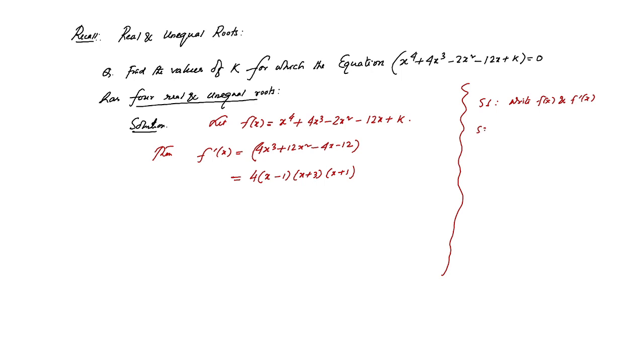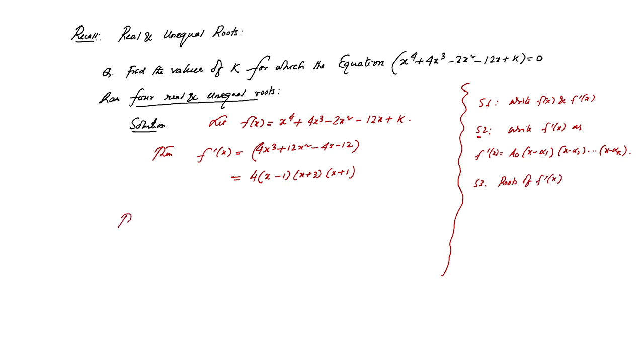So our step 2 is to write f dash x as some constant multiple of (x minus alpha 1), (x minus alpha 2) and (x minus alpha k). Now step 3, find the roots of f dash x.